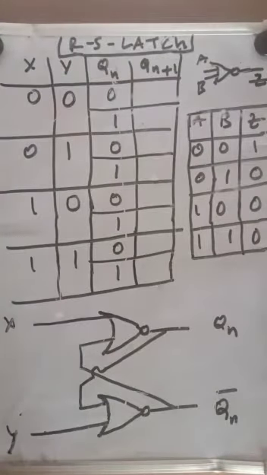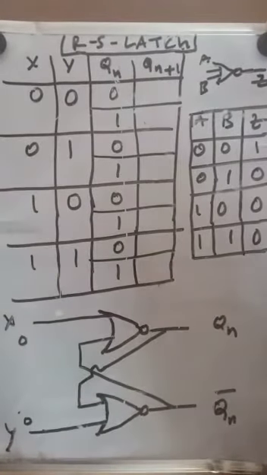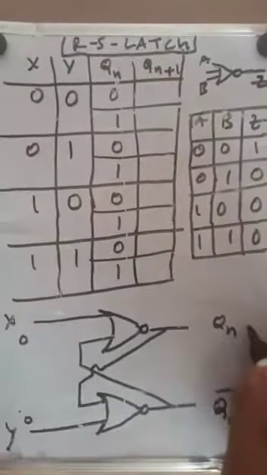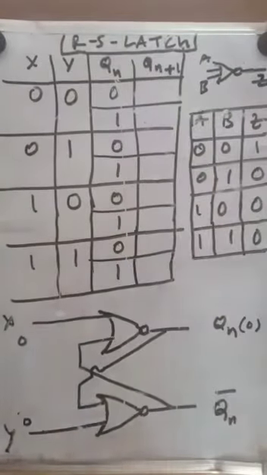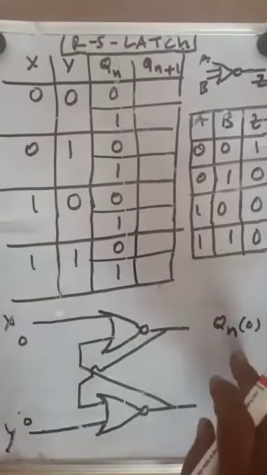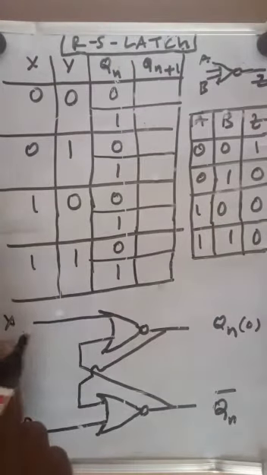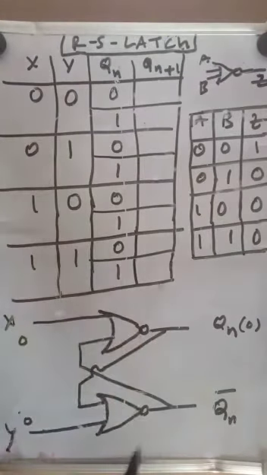Then coming to the point. Initially, the inputs are 0 0. That means this is 0 and this is 0. Initially, assume Qn is 0. Assume the present output state is 0 before giving the inputs. Let us check what the output will be after entering these inputs into the NOR gates.